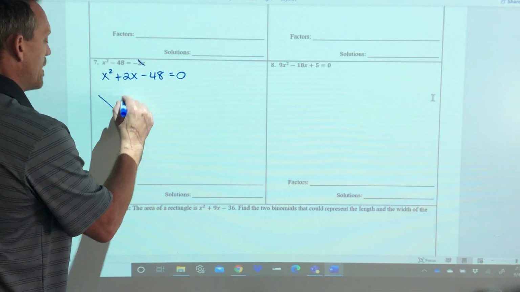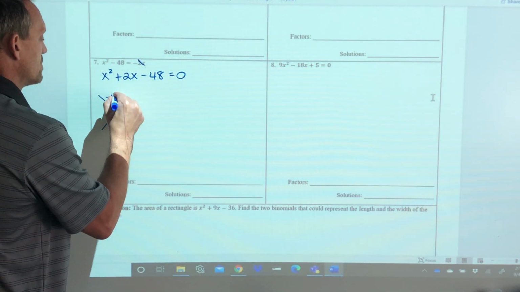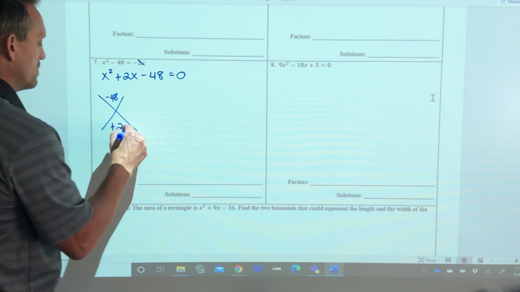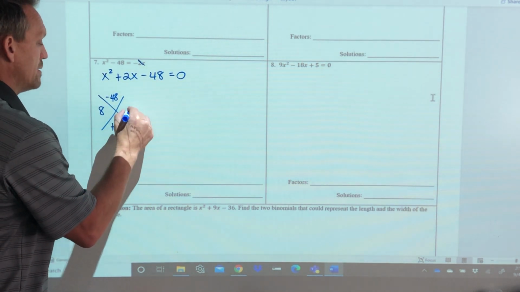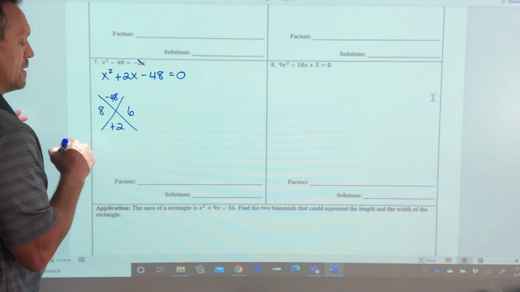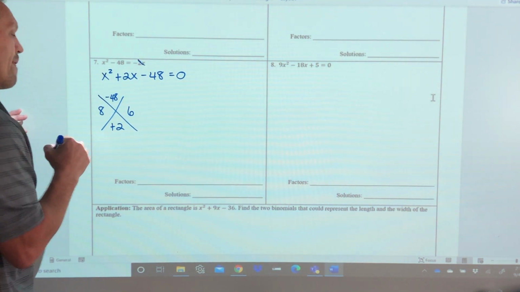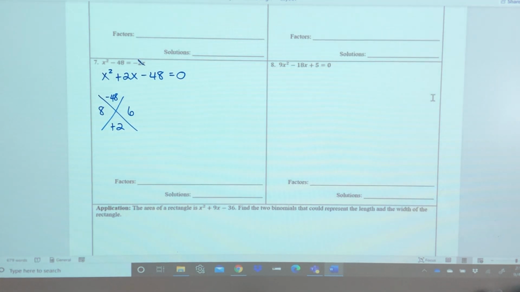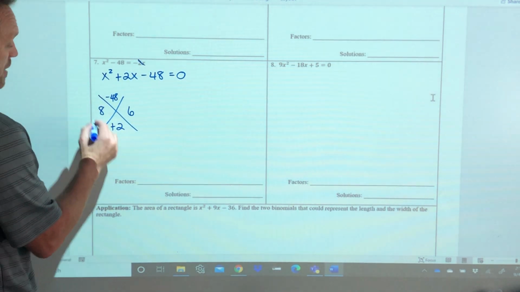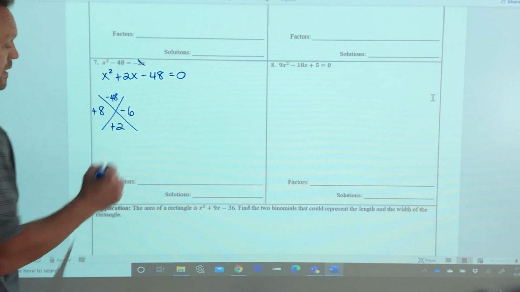I'm going to use the star method. Factors of 48, 8 and 6. Is there a way that I can multiply these and get it? Yeah, this could be positive 8 and negative 6.